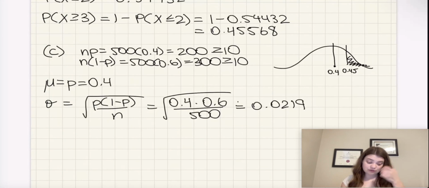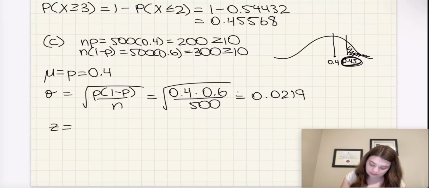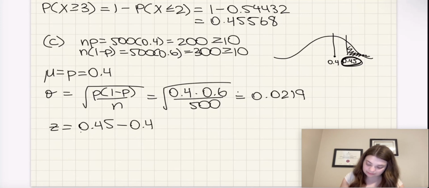Okay, so now we need to find the z-score because, in comparison to the standard normal, where is this 0.45? How many standard deviations is it from the mean? And therefore, what would our answer be for the probability? So for that, I'm going to take the z-score, which is going to be 0.45, because that's what we're looking to find the probability of, minus 0.4, as that's the mean, over the standard deviation of 0.0219.